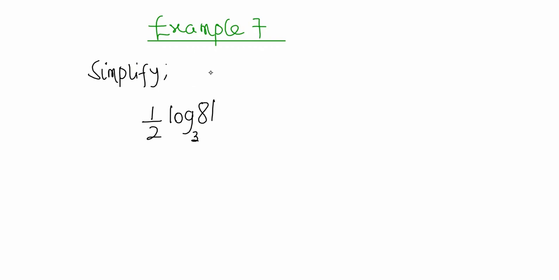Now in example 7, we can see that there is half log 81 base 3. So just like we did for the previous ones, we are going to do the same thing here. Now we have our question as half log 81 base 3.